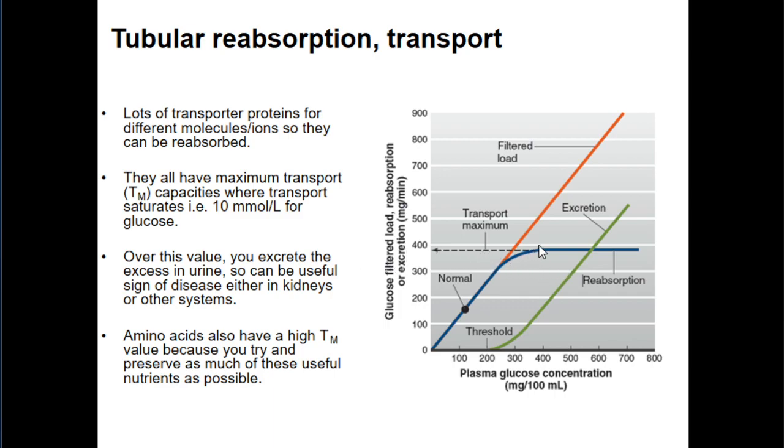And please notice that as plasma glucose exceeds its threshold, glucose begins to appear in urine. This will happen for glucose when its concentration in the plasma is about 10 millimole per liter. So at this value, all the carrier proteins will be saturated, which means no more glucose could be reabsorbed, and the excess of it will be excreted in urine.